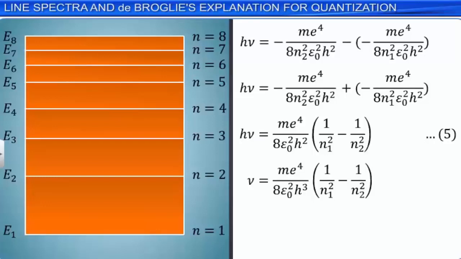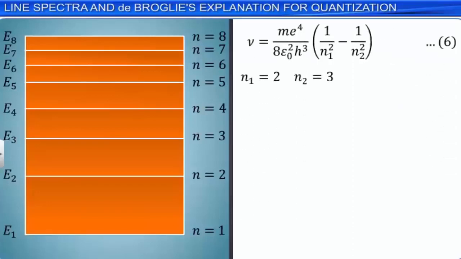Substituting n1 equal to 2 and n2 equal to 3 in equation 6, we get nu is equal to m e to the power 4 by 8 epsilon naught square h cube into 1 by 2 square minus 1 by 3 square.